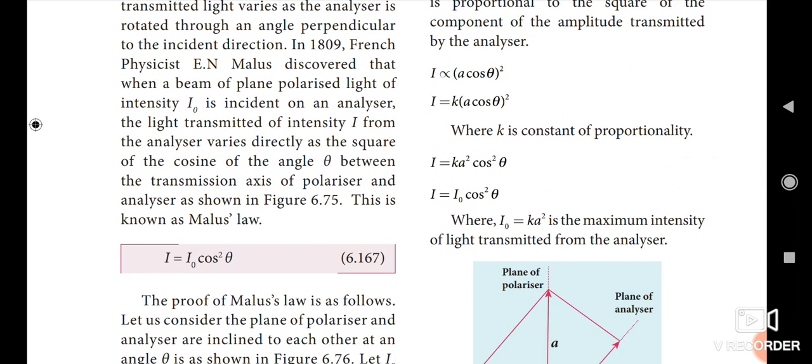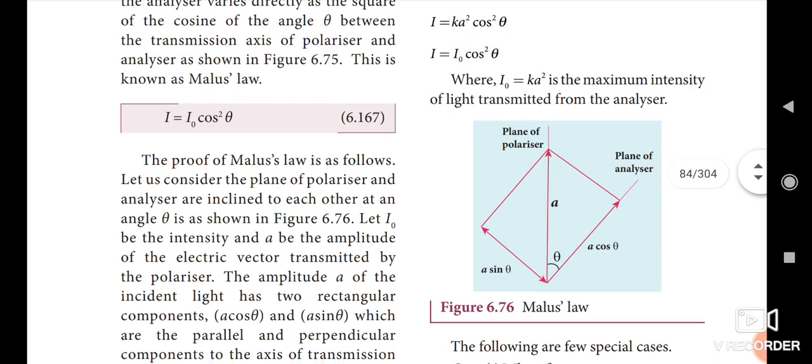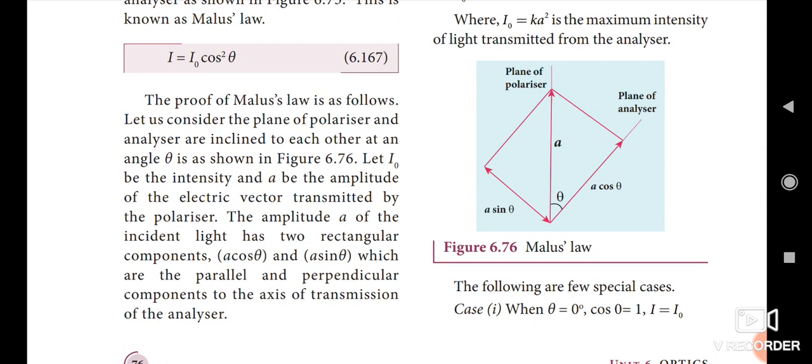The intensity from the analyzer varies directly as the square of the cosine of the angle theta between the transmission axis of polarizer and analyzer. This is known as the Malus law. We have to prove this I is equal to I naught cos square theta. The proof of Malus law is as follows.